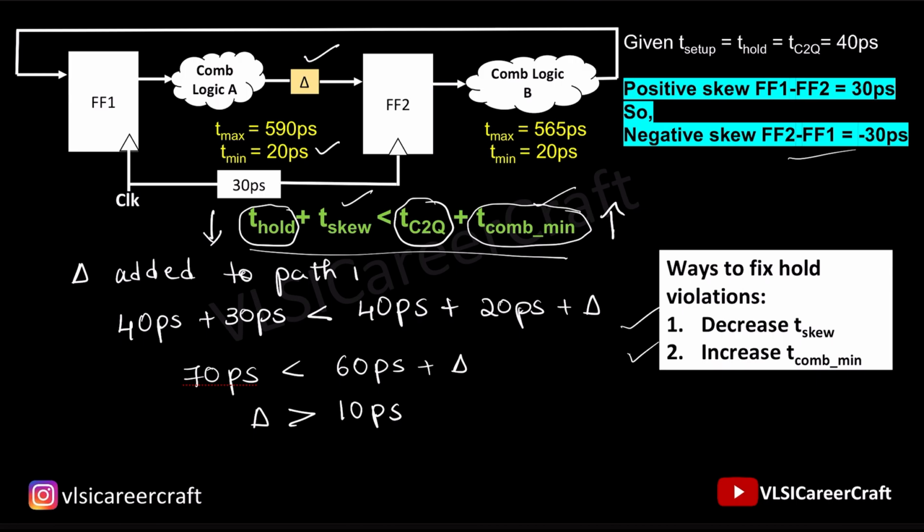So when we add a delay in path 1 which is equal to delta, this delta value should be greater than or equal to 10 picosecond to fix the hold violation.